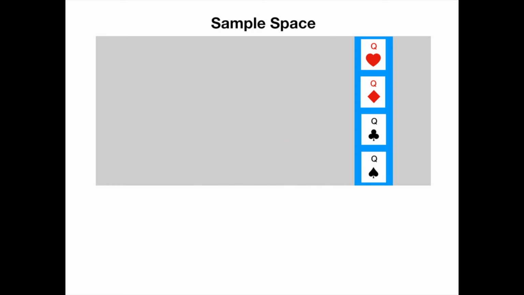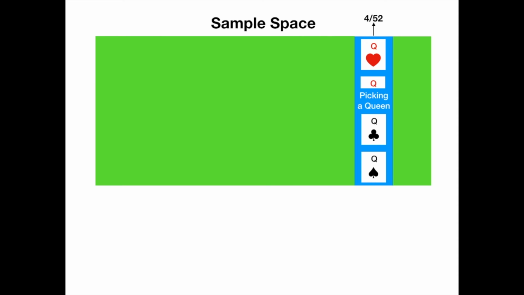So let's look at the sample space of this experiment. The gray space here is the entire sample space. If you pick 4 queens, this blue space here is the probability of getting a queen, and we found that is 4 over 52.